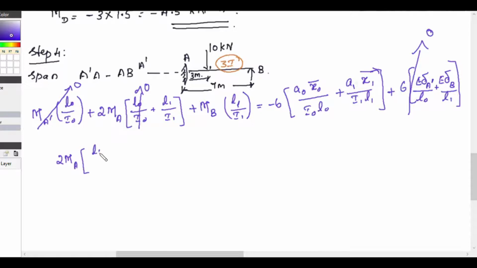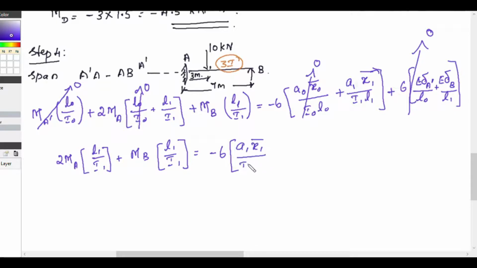We get L1 by I1 plus MB into L1 by I1 is equal to minus 6 into, this is an imaginary span, so this becomes 0, A1 x1 bar by I1 L1.